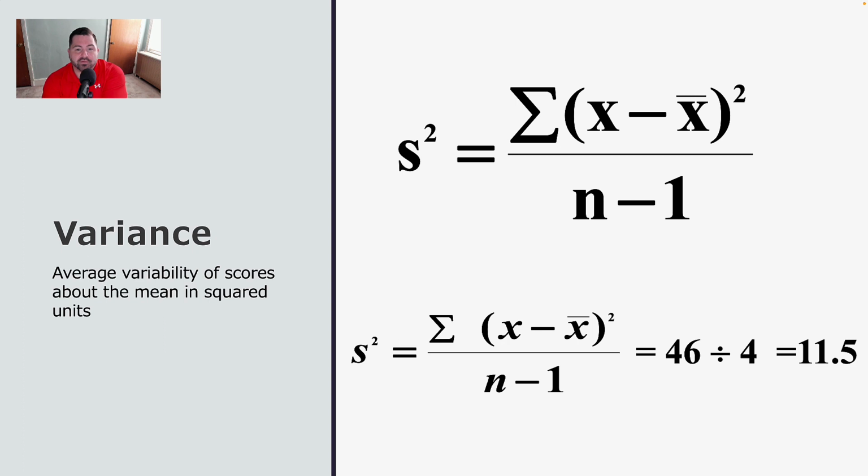If we look at the formula here, you can see that that's the case. S is going to represent standard deviation, and the square tells me it's in squared units. Because I know the variance is in squared units, I know that this is the formula when it comes to variance because it's in squared units up front.